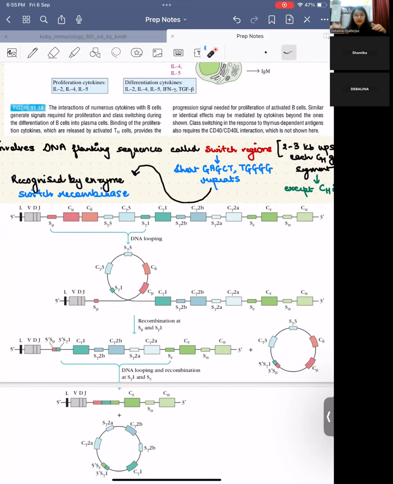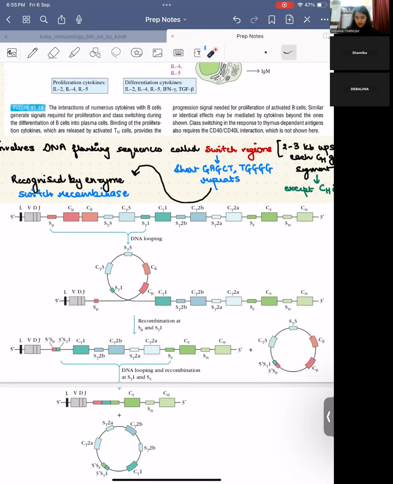Different enzymes mediate this process. In this case, the enzyme switch recombinase recognizes these switch regions. Once the switch recombinase binds the switch region, there can be some sort of looping that happens, and this loop will ultimately be excised off.